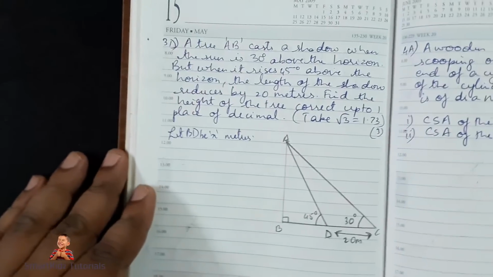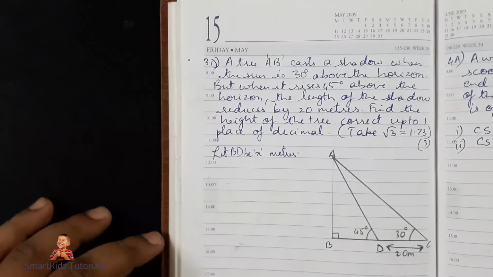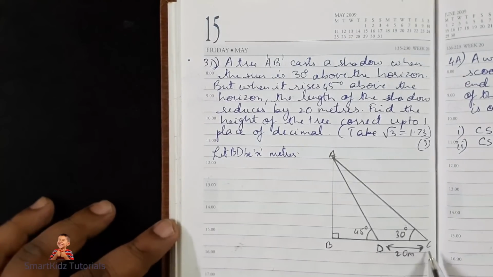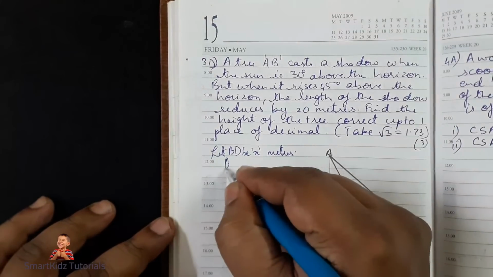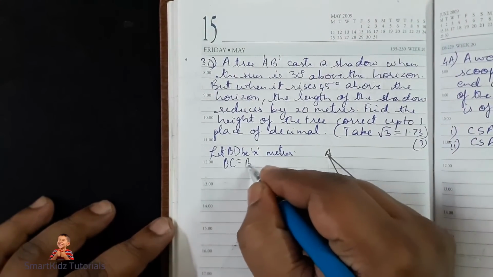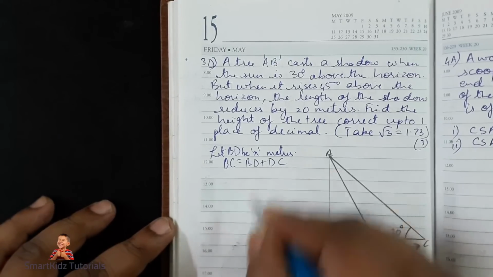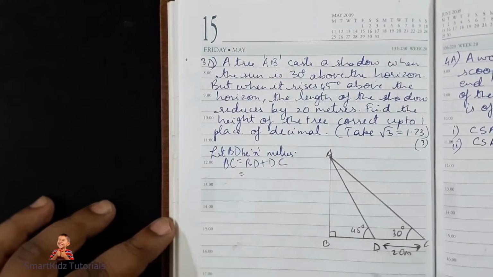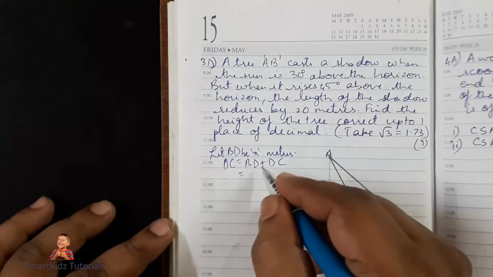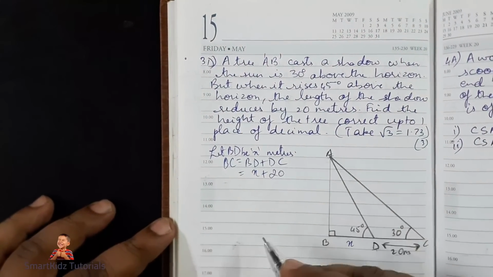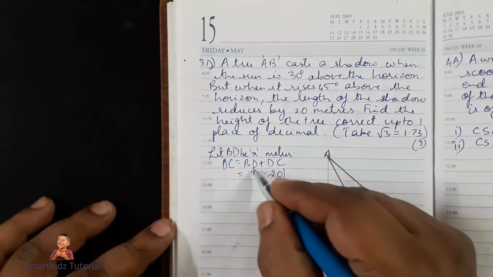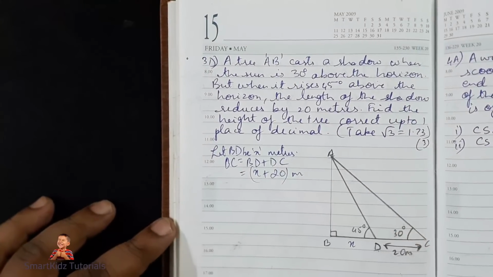So that is the first assumption that we need to do. Then as we can see, BC we can write as BD plus DC. So BC equal to BD plus DC. Now BD we have taken as X, and DC we are given as 20. So X plus 20 meters would be BC.